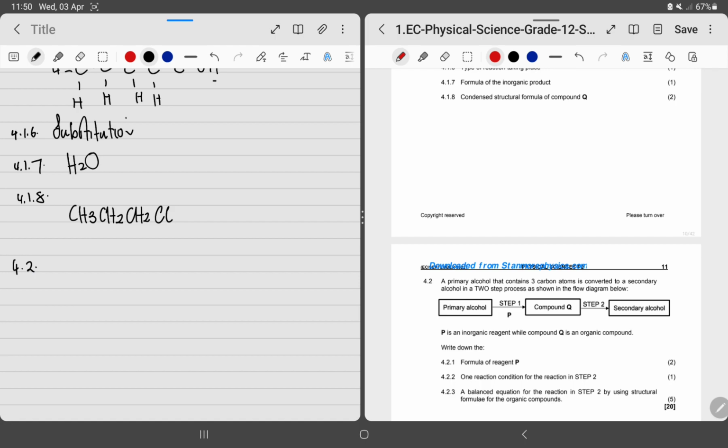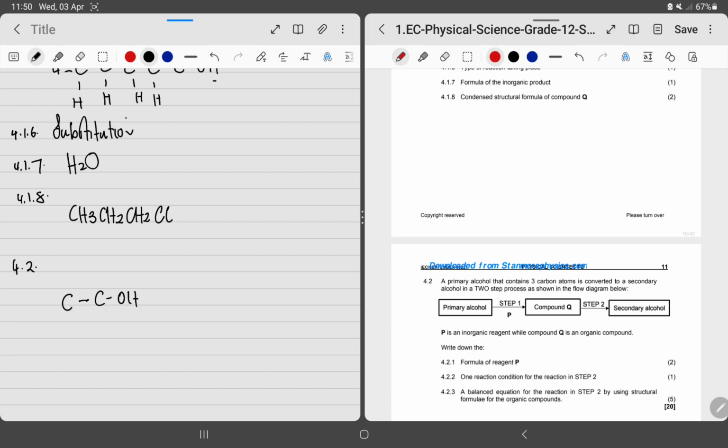4.2. A primary alcohol that contains 3 carbon atoms is converted to a secondary alcohol in a 2-step process as shown in the flow diagram below. A primary alcohol means that the carbon atom that is attached to the OH is attached to only 1 carbon.